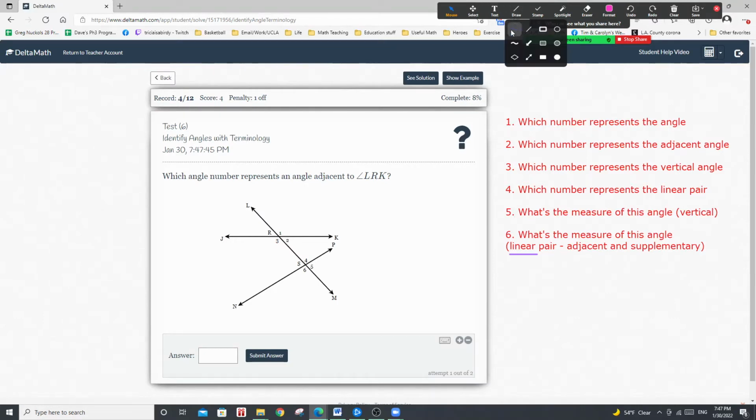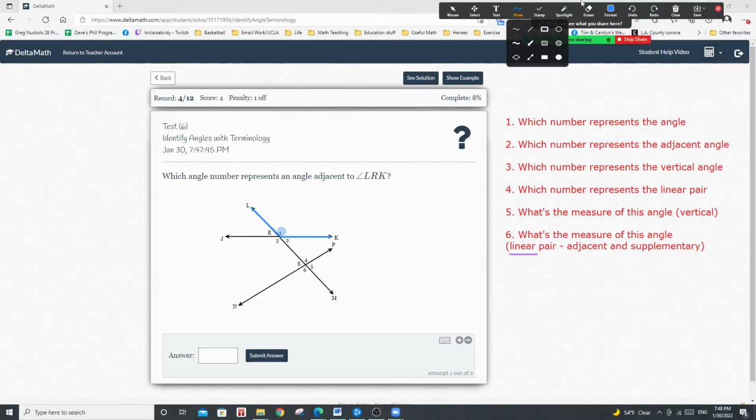This time it asks for an angle adjacent. So we see what number represents the adjacent angle. Let's trace out LRK first. So we start at L, we go to R, and we go to K. In between these two lines is this number 1. So we put 1. Or no, my bad. LRK is 1. And what's adjacent to it?